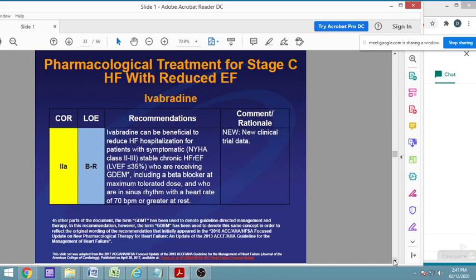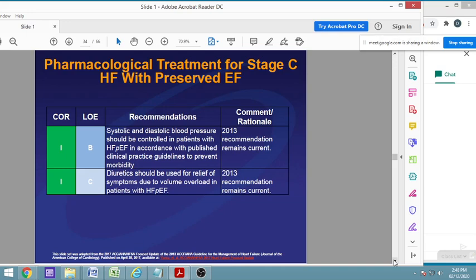Then the next type of drug which is preferred is the second line or 2A class, that is ivabradine. It can be beneficial to reduce hospitalization for patients with symptomatic stable chronic HF who are receiving guideline derived management, including a beta blocker at the maximum tolerated dose. It can be given. So this is newer data. This shows that it is beneficial.